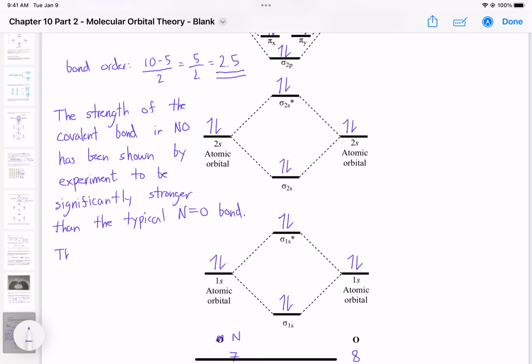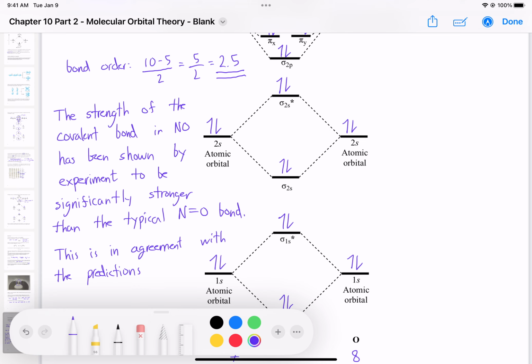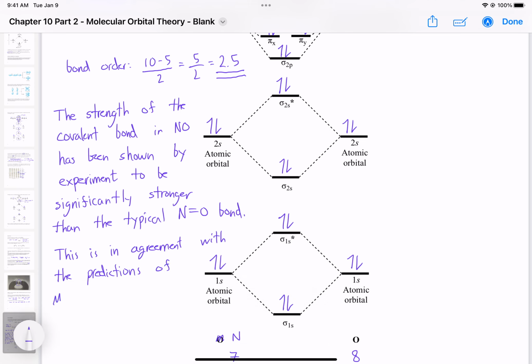So we can say this is in agreement with the predictions of molecular orbital theory for the molecule.